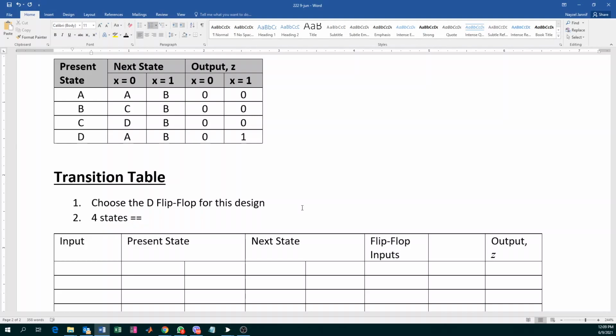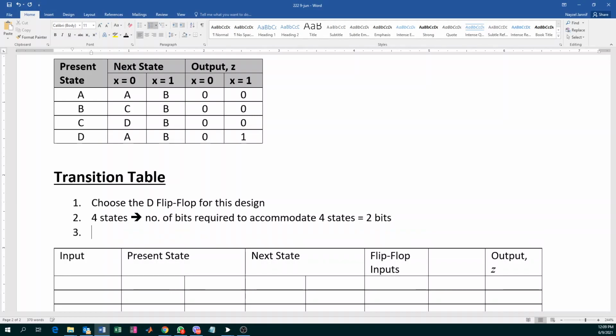Therefore, what is the number of bits required to accommodate 4 states? It is equal to 2 bits, right? 2 bits require 2 flip-flops.